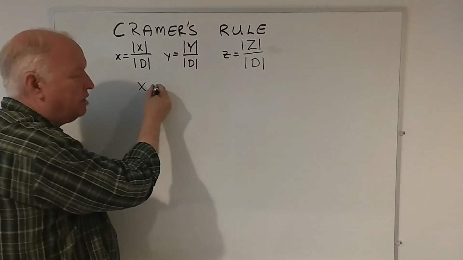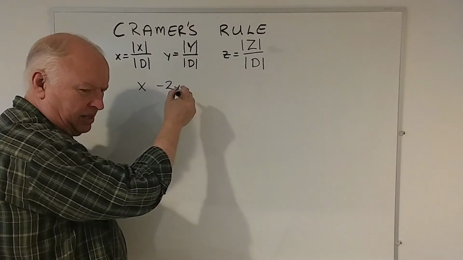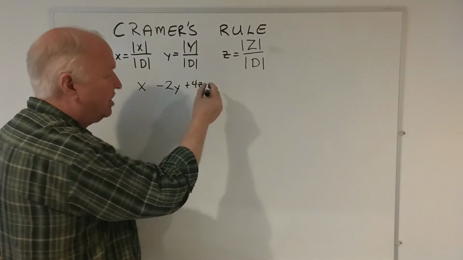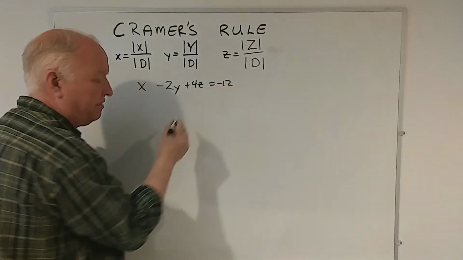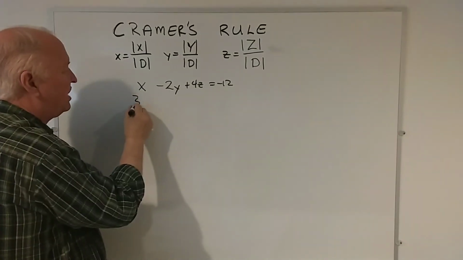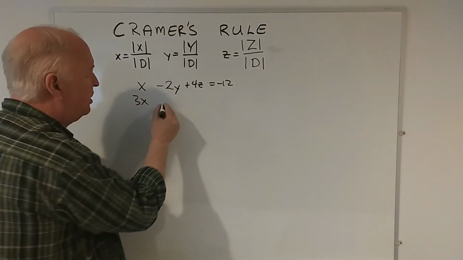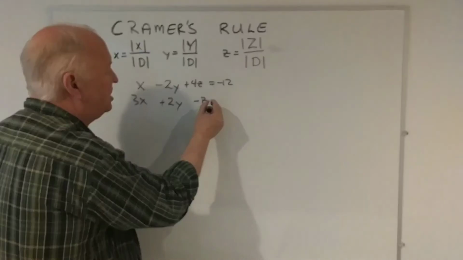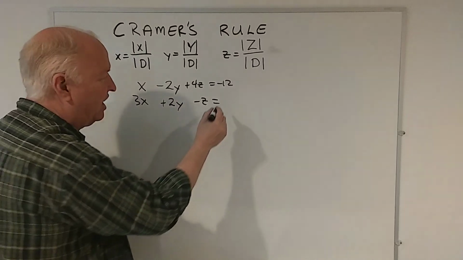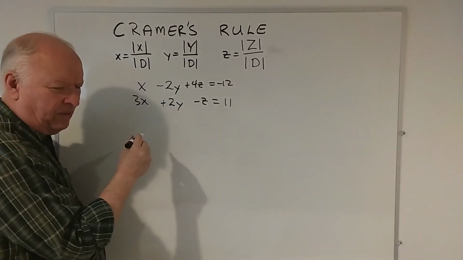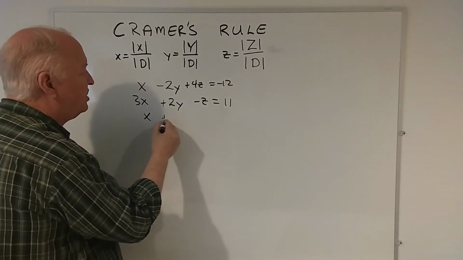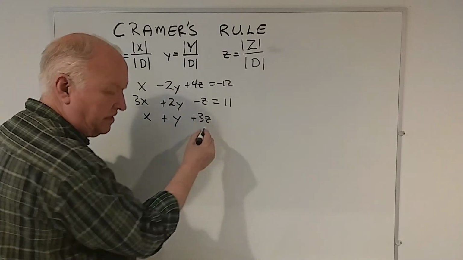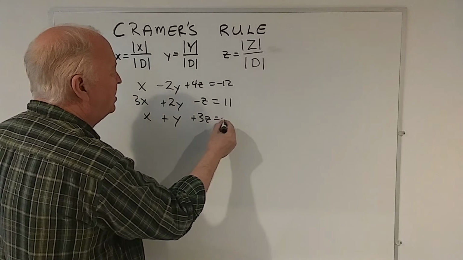X minus 2y plus 4z equals negative 12. And 3x plus 2y minus z equals 11. And then we have x plus y plus 3z equals negative 6.